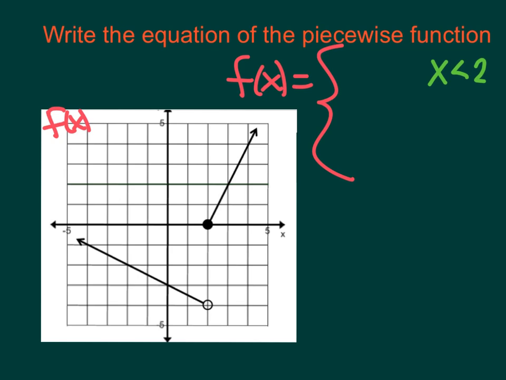Now I just need to write the equation of it. Okay, so the first thing I do is I look for a slope and y-intercept, if I can. And the y-intercept is very obvious here. So let's see, the y-intercept is negative 3. So y-intercept equals negative 3. And the slope I can easily count. Remember, slope is rise over run.